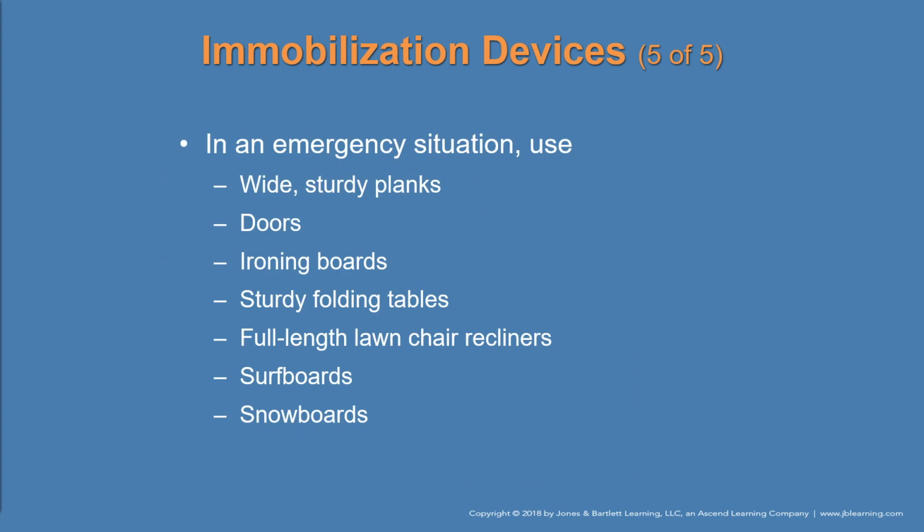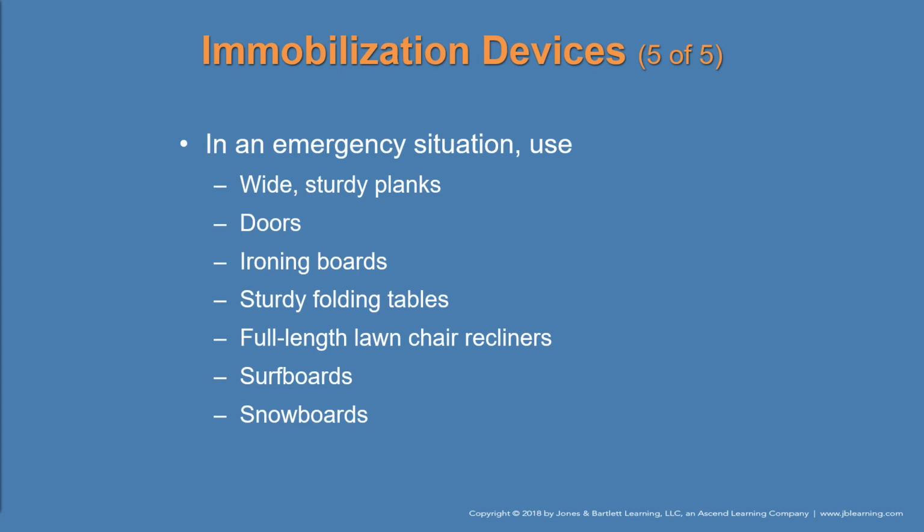All right, we talked a little bit about improvisation last class. Dave said you're not always going to have all the resources you want, especially if you arrive before the ambulance does. Especially in emergent life-threatening situations where you have to move the patient out of an area very quickly, for example fire, drowning, or flooding, we're going to use whatever we have available to us.